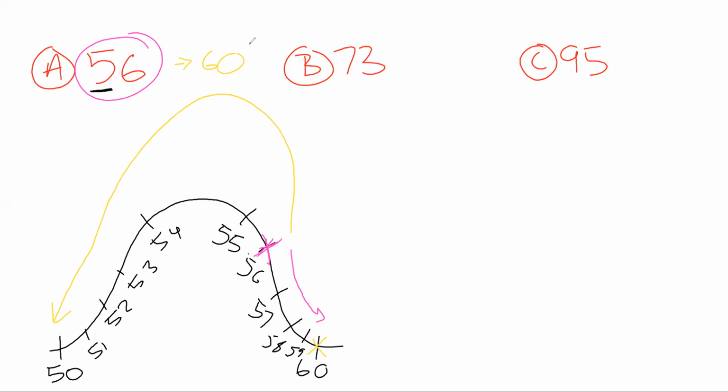And if we do this mathematically with numbers, you can see this does make sense, because again, if we think hops, 56, 1, 2, 3, 4 to get myself to 60, or it would be 6 hops to go all the way back to 50. So 60 is closer.